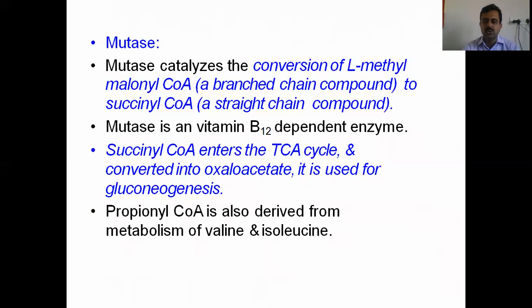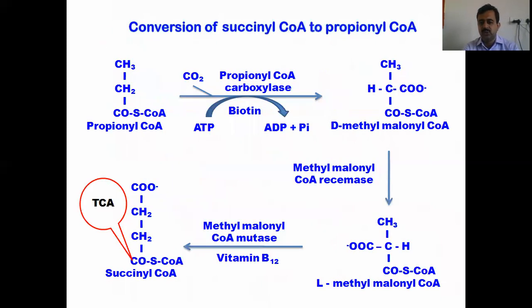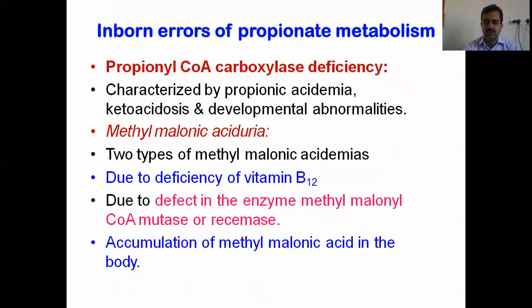Therefore, it converts it to succinyl coenzyme A, which enters the TCA cycle, is converted to oxaloacetate, and then is utilized for gluconeogenesis. See this, the whole mechanism of conversion of propionyl coenzyme A to succinyl coenzyme A. Ultimately, the succinyl coenzyme A gets converted in the TCA cycle, and the energy compounds are generated from the TCA cycle.